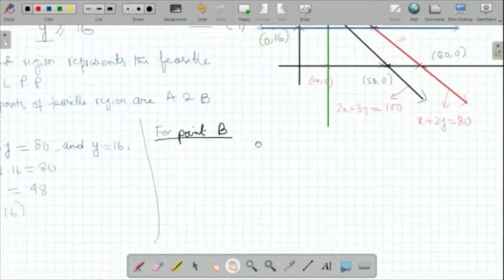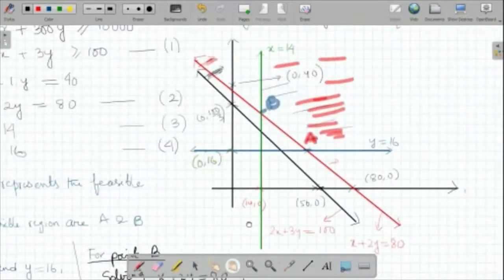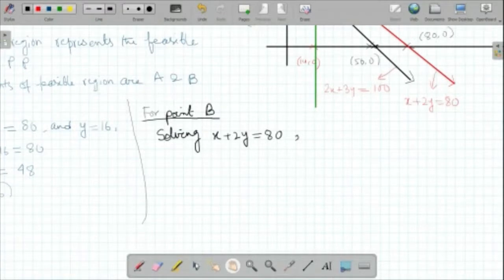So for point B we have to write, solving x plus 2y equals 80, and what is the other equation? The other equation is x equals 14, right?